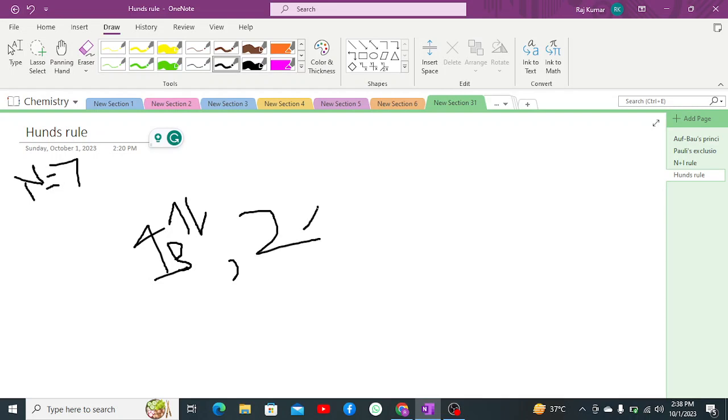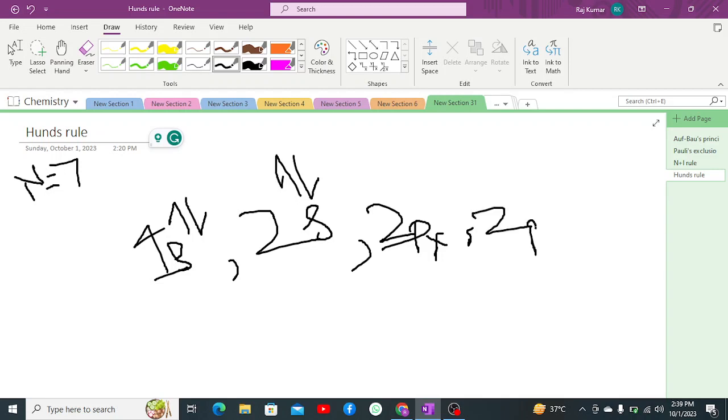This is 1s, this is 2s, and the rest are the suborbitals: 2px, 2py, 2pz.